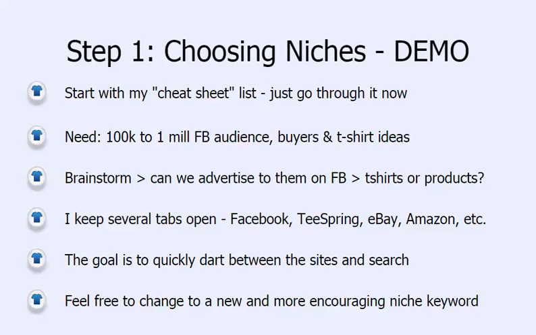And then finally we look and say, are there t-shirts or at least products for sale in that niche, because if not, then there's no point in us continuing on. So there are three key steps: brainstorm niche keyword ideas, can we advertise them on Facebook, and are there t-shirts or products for sale.